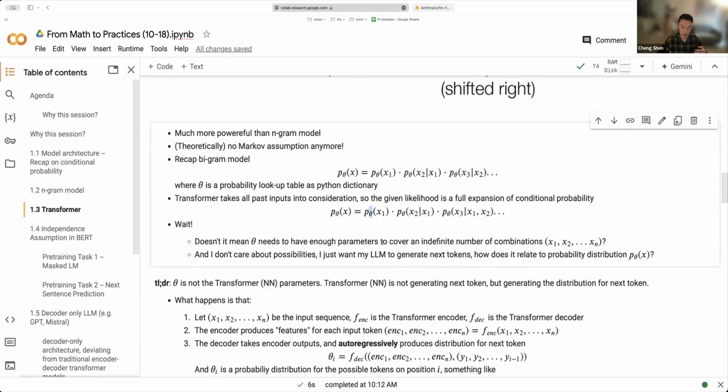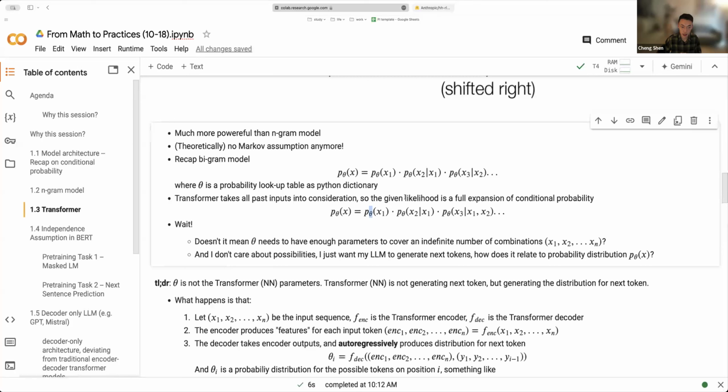It could be as simple as the mean and variance in a Gaussian distribution, or in this case, when we sample the tokens, theta is actually the logits output from the final layer of the transformer.